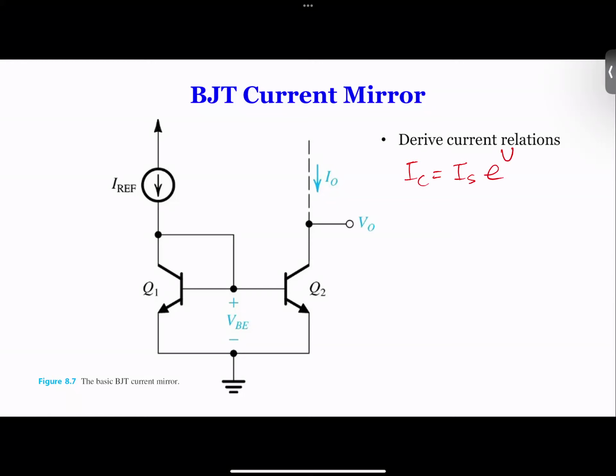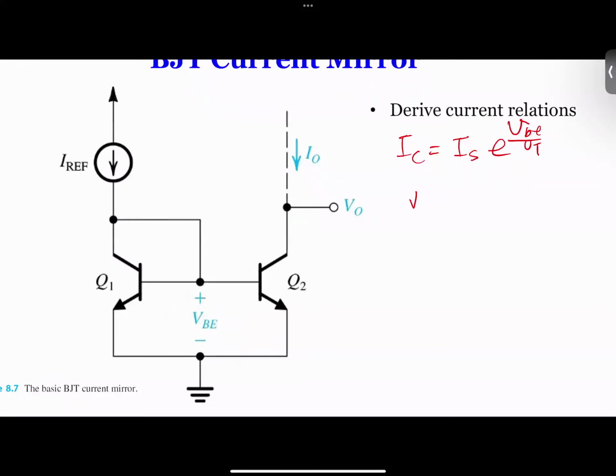IS times e to the VBE over VT, right? Now VBE is the same for both because their bases are connected. So VBE1 equals VBE2. Therefore, IC1 and IC2 are going to be the same, correct?